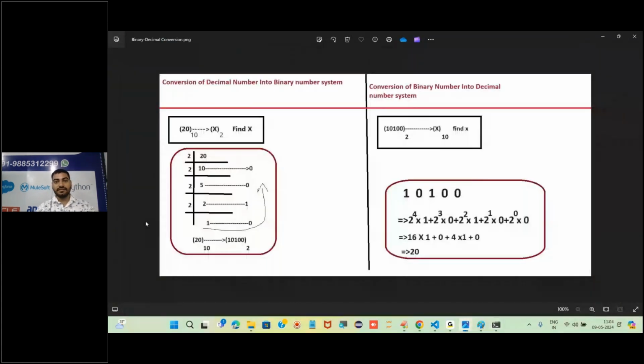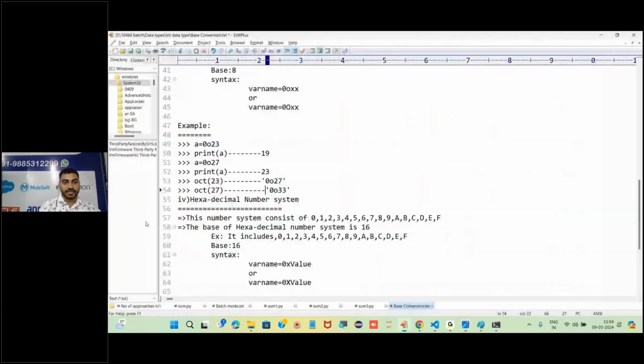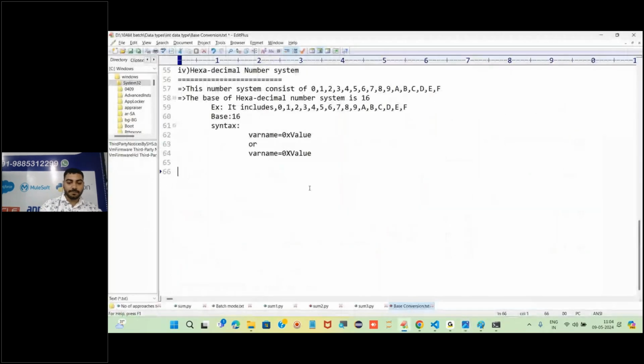So we have some pre-built functions as well. So I'll write it here: base conversion, inbuilt or predefined functions.